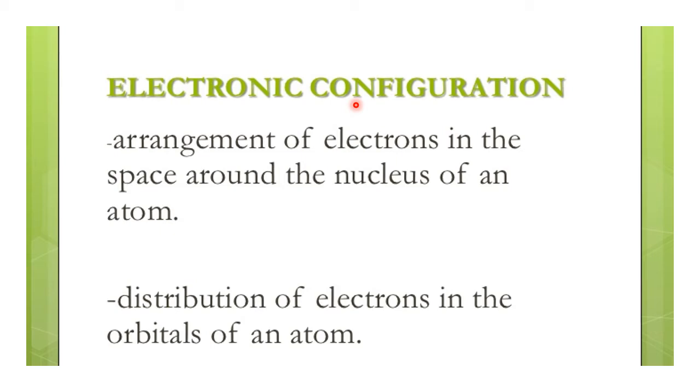So it is called electronic configuration or electronic arrangement. Arrangement of electrons in the space around the nucleus of an atom is called electronic configuration, or in a simple sense, distribution of electrons in the orbitals of an atom is nothing but electronic configuration.